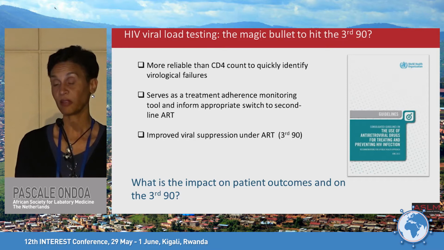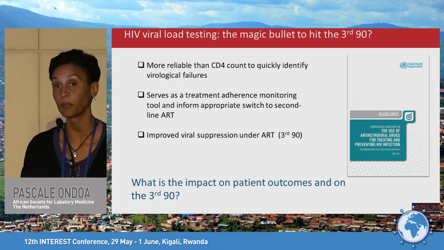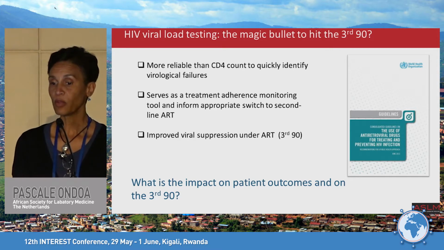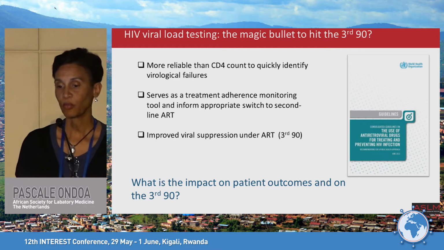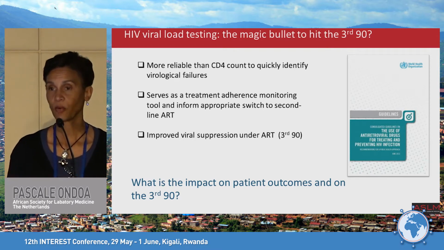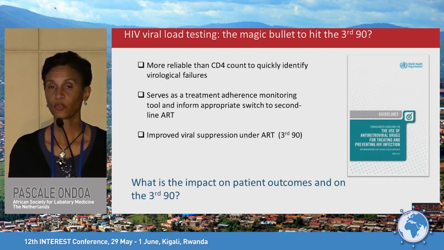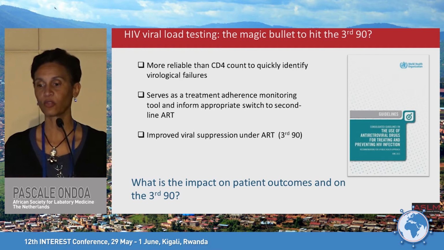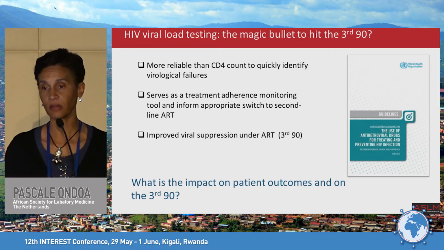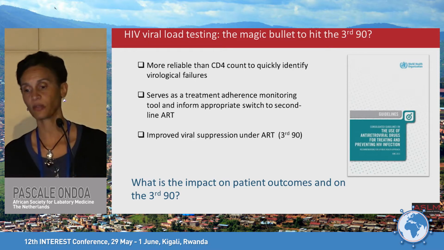The third 90 means that 90% of the patients that are receiving antiretroviral therapy should be virologically suppressed. We know there are many data that have been accumulated that say that viral load is more reliable than CD4 count to quickly identify virological failure. It serves as a treatment adherence monitoring tool, and it can inform appropriate switch to second line once you know about the treatment adherence of your patient.